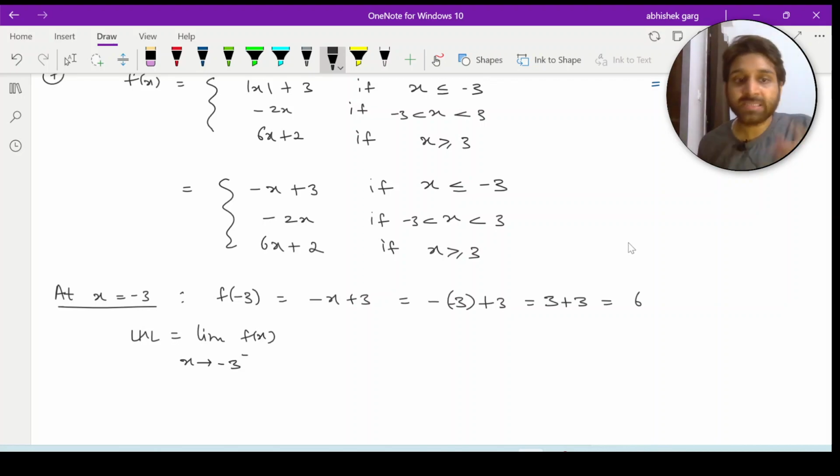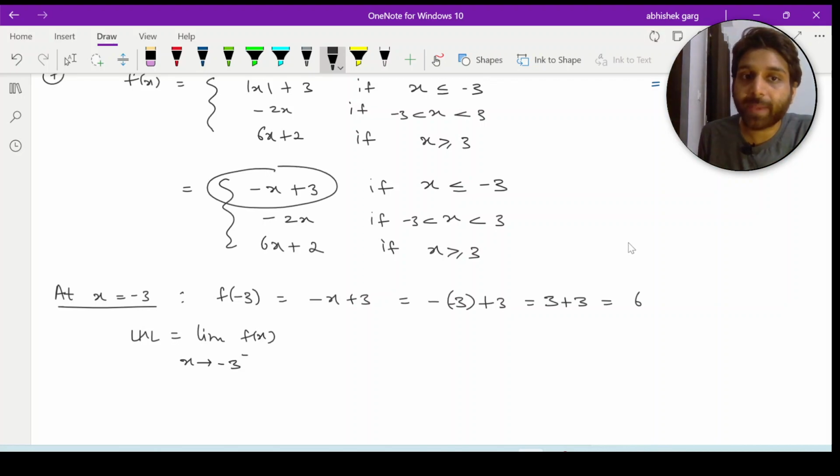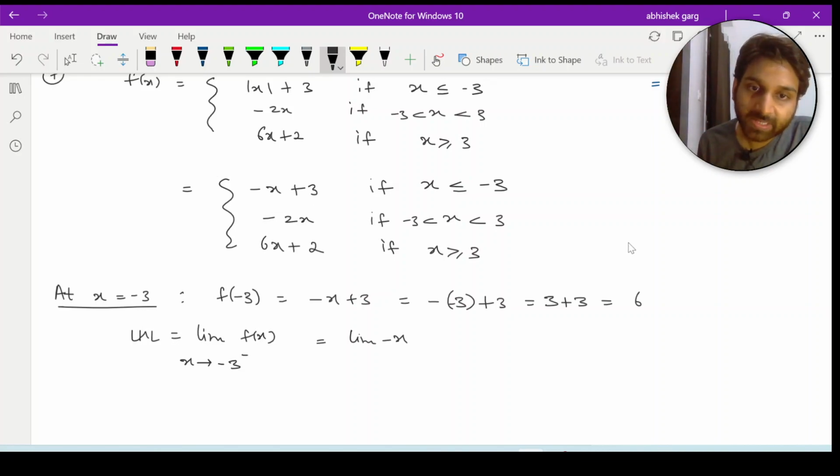If it is slightly less than -3, we will be using -x+3. So we'll write limit of -x+3 when x is tending to -3 negative.